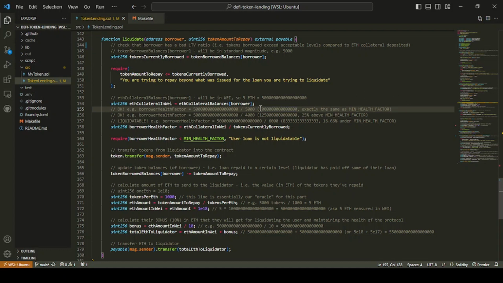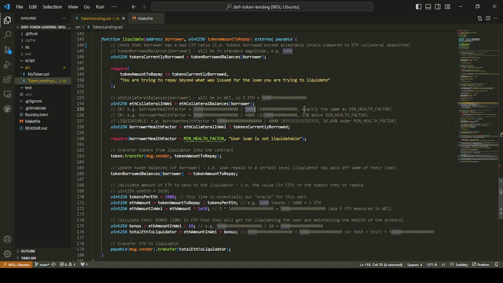It's actually, I think I have it set to 1 with 15 zeros after, but we're going to be comparing like with like. So the min health factor, which is 1E15, it doesn't really matter whether we have it at 18 zeros or 15 zeros or whatever way we do it, but I've just done it this way for the time being, because I'm dividing by the tokens directly rather than cutting the tokens down to 5 or something like that, lopping off 3 and then dividing.